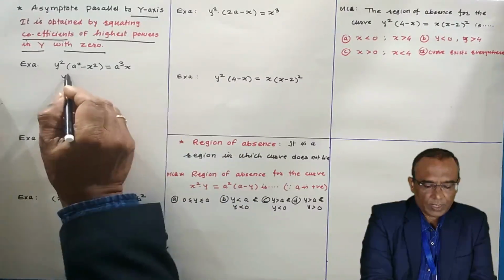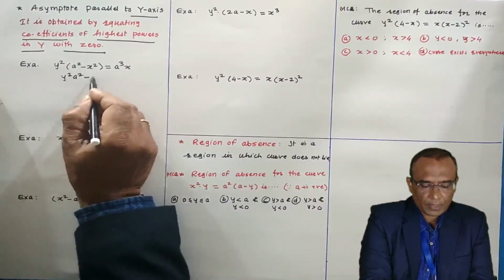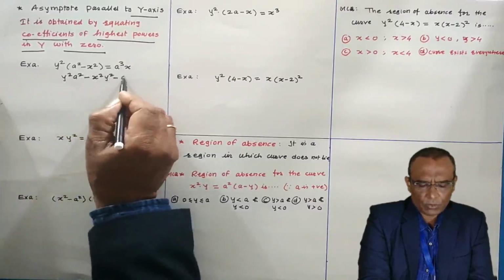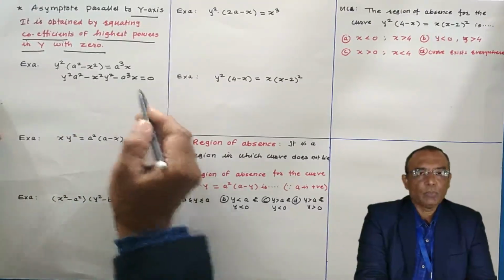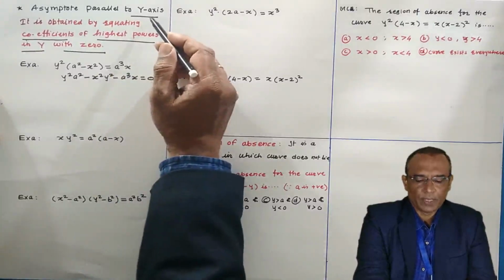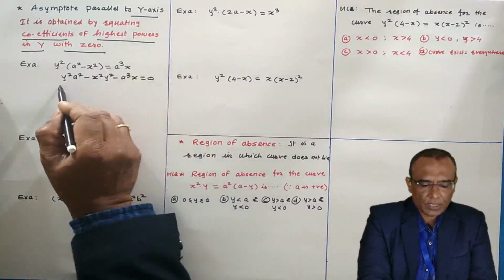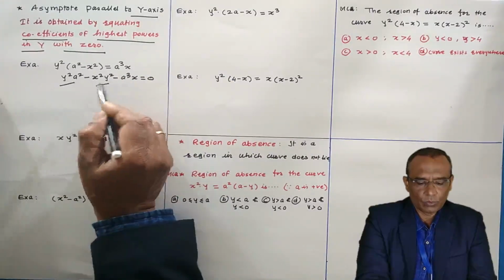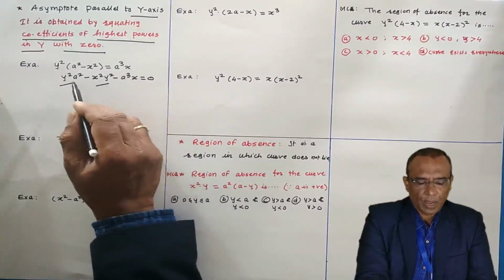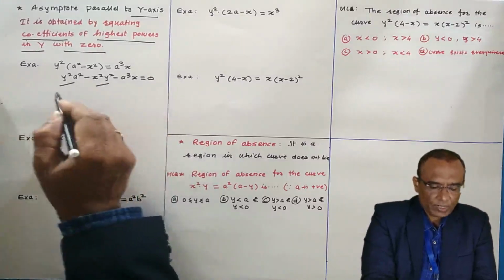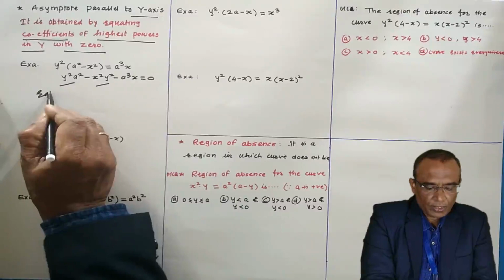I am just going to open this bracket: x square y square equals, you can shift it to the left hand side also if you want. Here our concern is the y term. How many y terms are there? This is a y term, this is a y term, so 2 terms are there, and the highest power of y is 2.